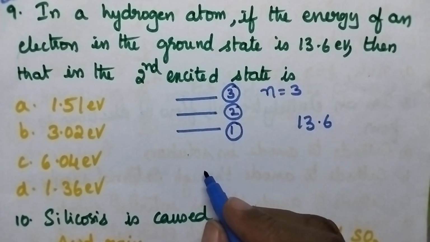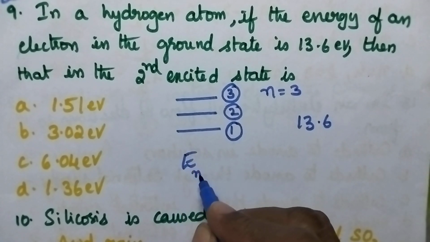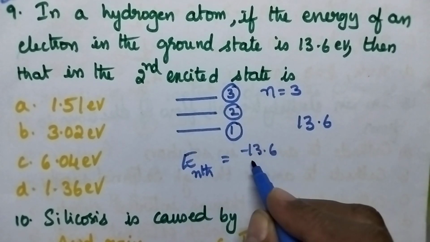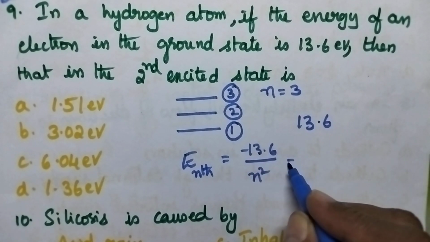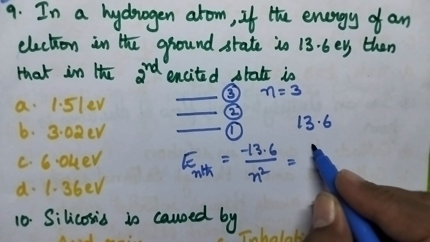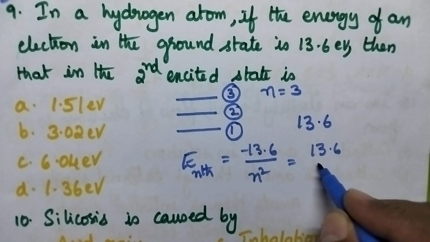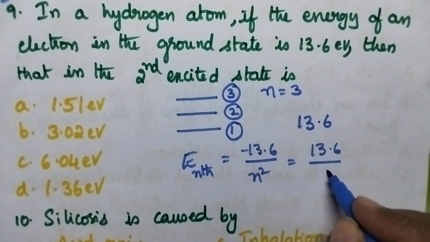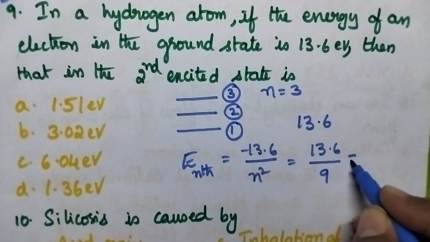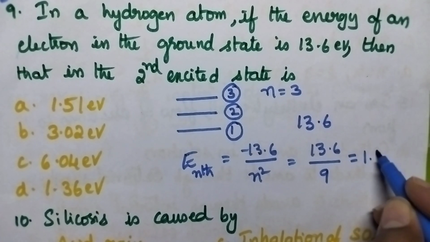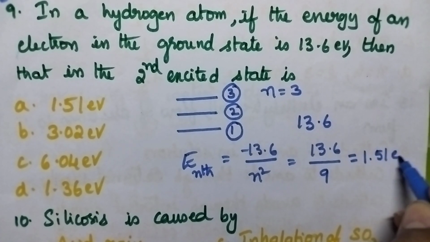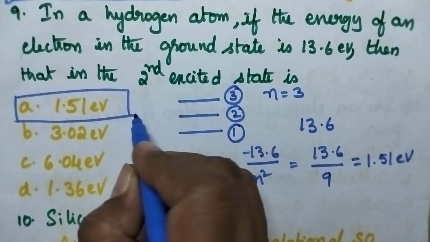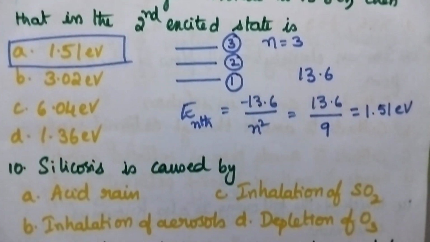The energy of the hydrogen atom can be calculated by using the formula minus 13.6 divided by n square, that is 13.6 divided by 9, which equals 1.51 electron volts. So option A is the right answer.